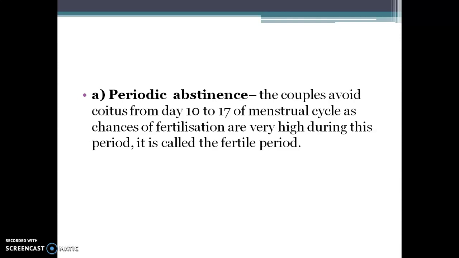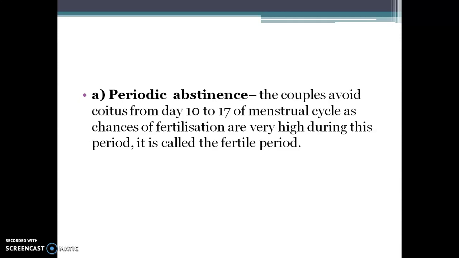The couple avoid coitus from day 10 to 17 of menstrual cycle. So especially that ovulation period. I hope you remember the graph that we discussed while explaining menstrual cycle. So during day 10 to 17 of menstrual cycle, as chances of fertilization are very high, this period is known as fertile period.